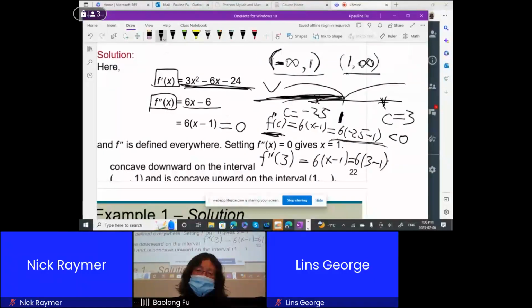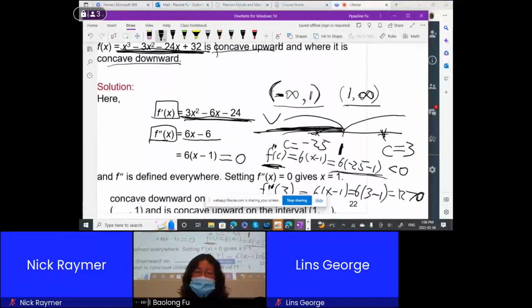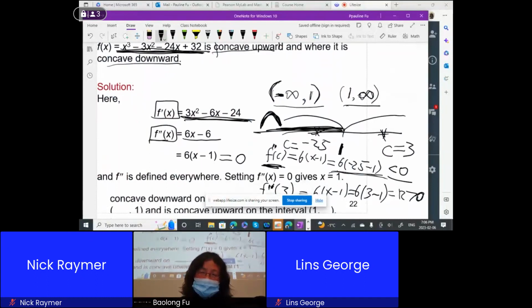You don't need the result, but this is a simple result. 12, greater than 0. You pick any number from 1 to infinity, C equal to 3. When the second derivative is greater than 0, concave up. Did I say something wrong earlier? The second derivative is smaller than 0, so I made a mistake. Concave down there. Second derivative greater than 0, concave up.